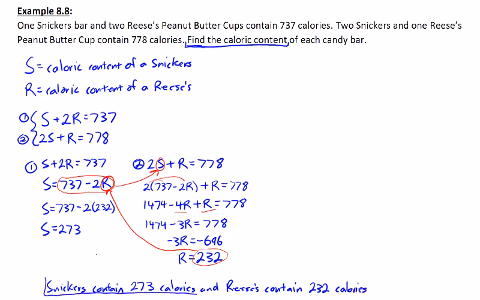And you can do an informal check by taking these values and using them in the first sentence and the second sentence to see if you get the correct calorie count of 737 and 778. And I'll go ahead and tell you that it does work out the way that it should, but I would recommend that you verify that for yourself.